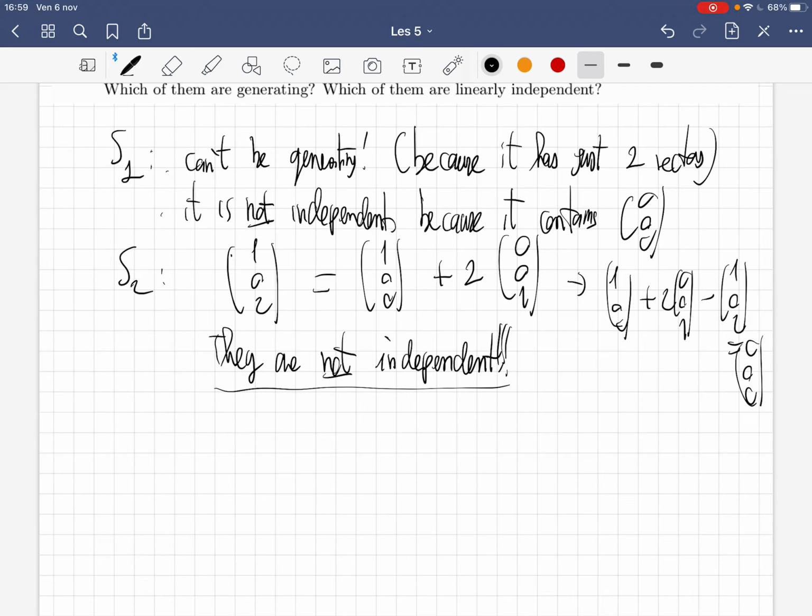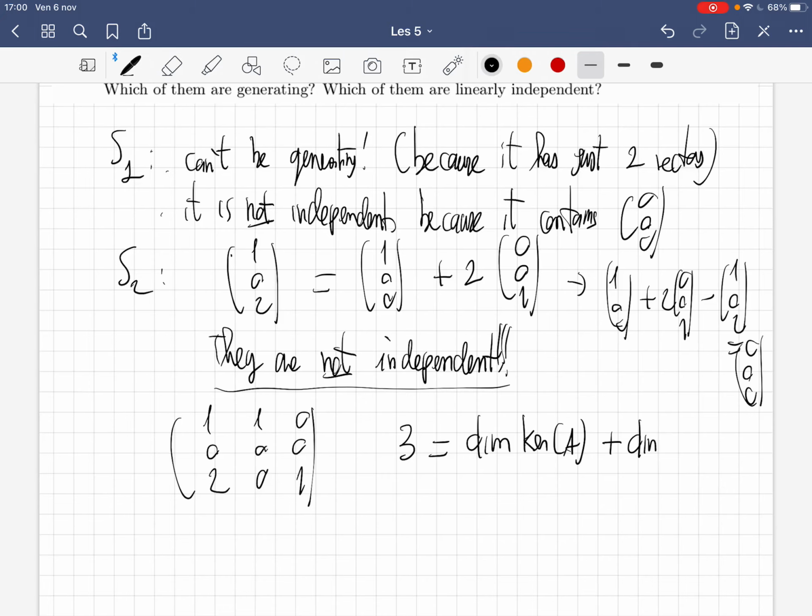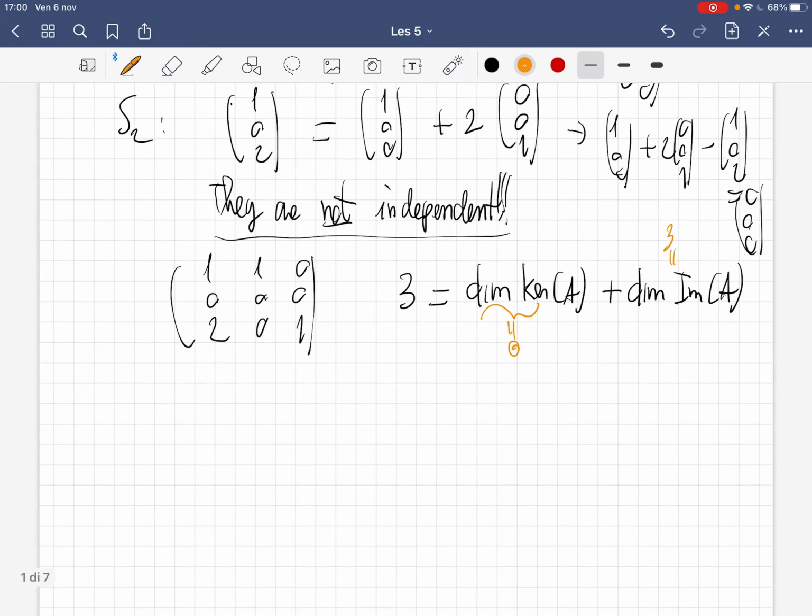But you can observe, if you consider this matrix, then you know that being independent means that this is 0, and being generators means that this is 3.